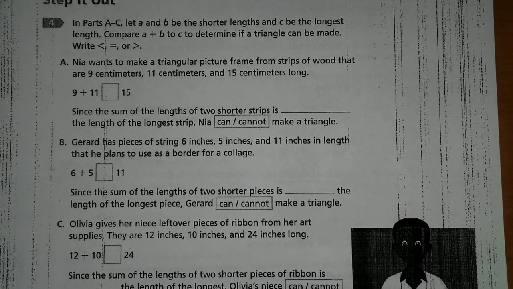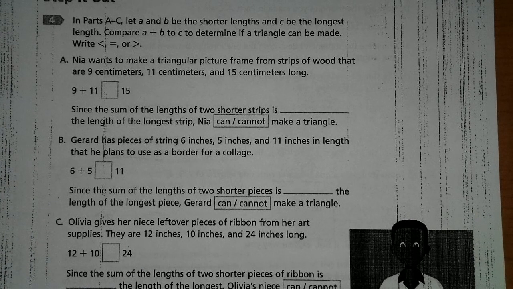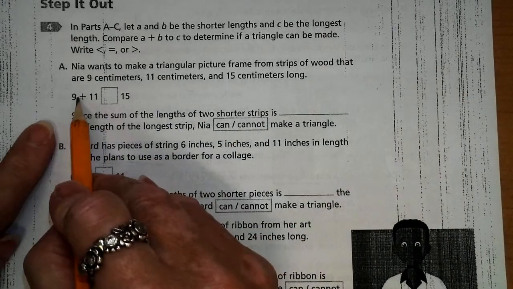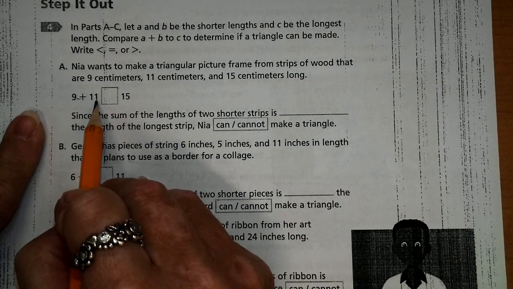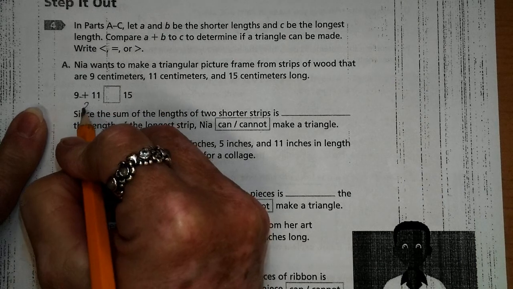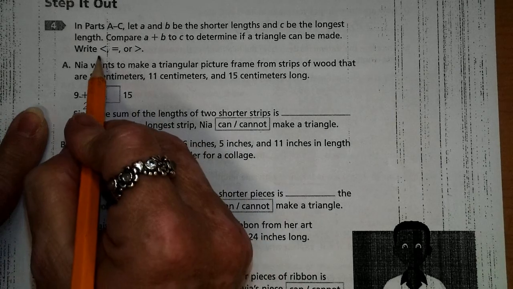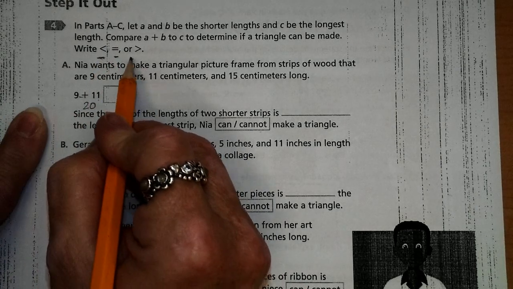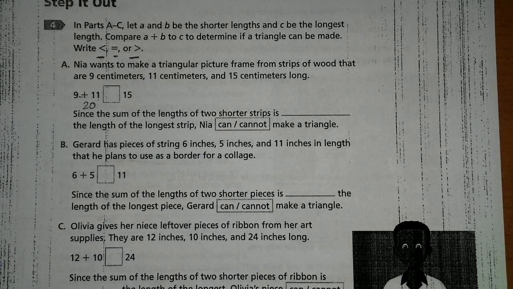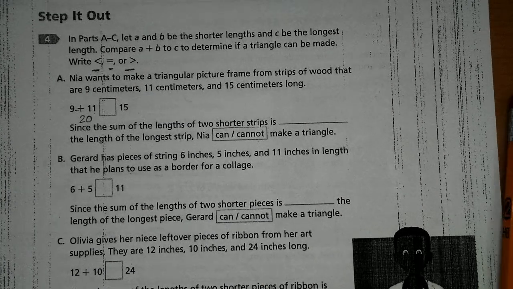So Nina wants to make a triangle picture frame from the strips of wood that are 9, 11, and 15. So 9 and 11, if I add those together, I get 20. So what am I going to use? Less than, equal to, or greater than, is 20 blank of 15? So what would we have?